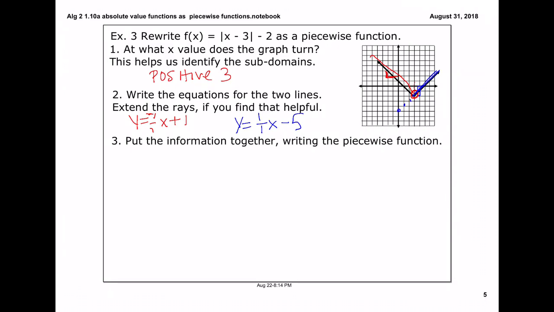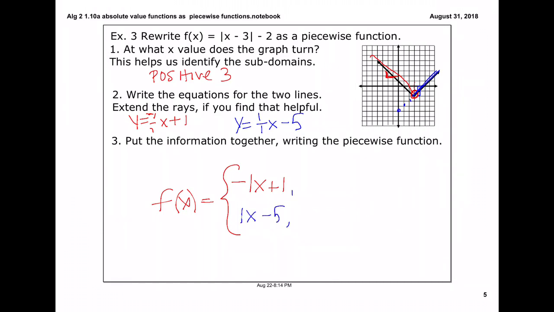So when we put that information together, we have f of x, which represents our y's. We're going to set that equal to our subfunctions. Our first subfunction was negative 1x plus 1. Our second subfunction was 1x minus 5.